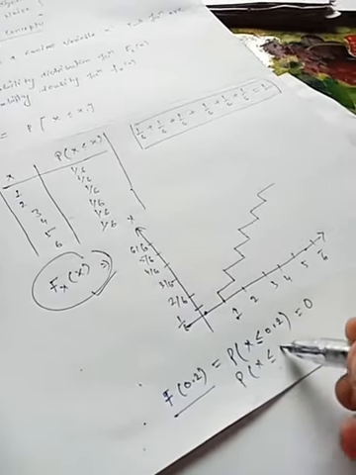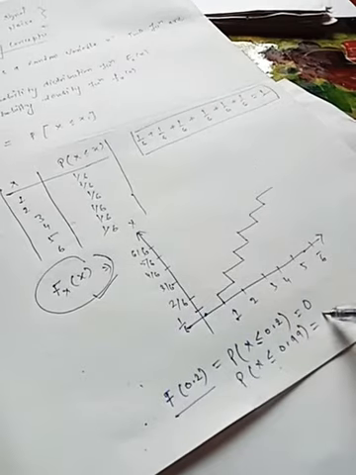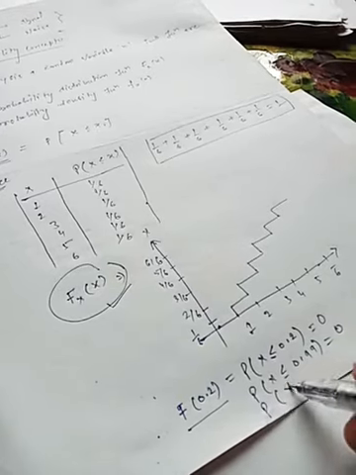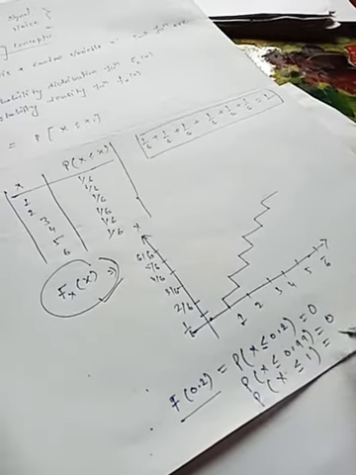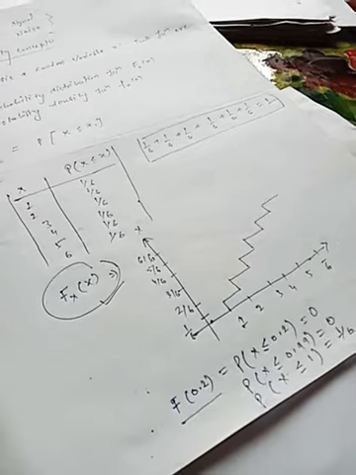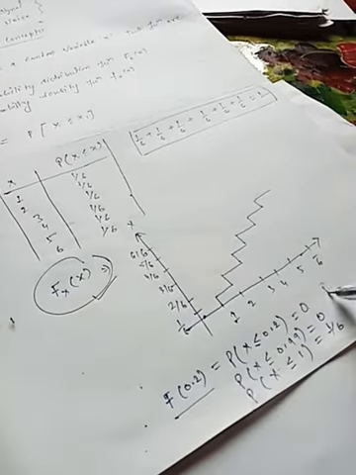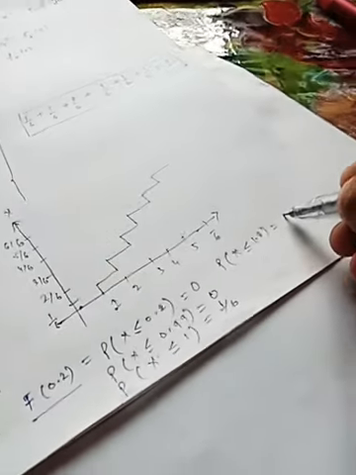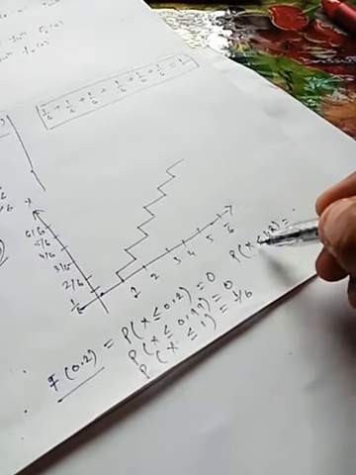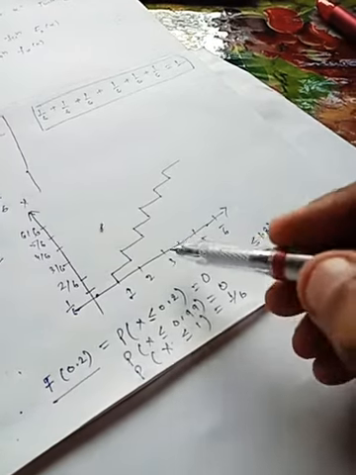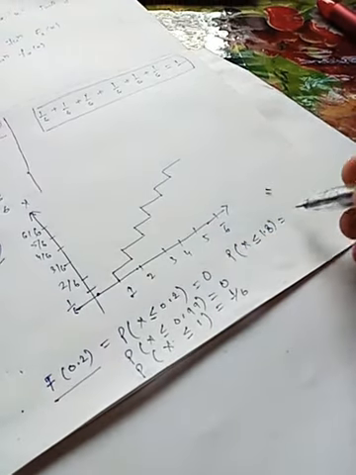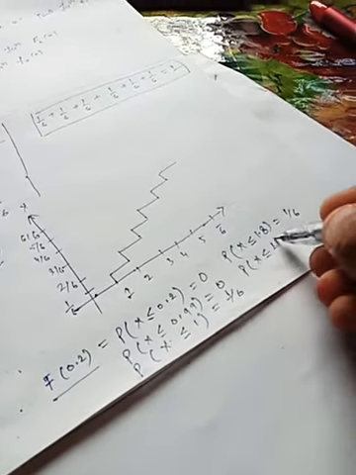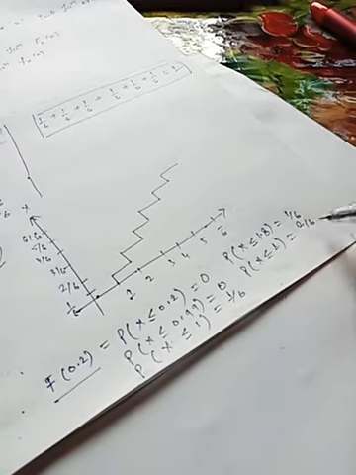And what is the probability of occurring 0.99? Also 0. But probability x is less than or equal to 1 is equal to 1 by 6. Probability x less than or equal to 1.8 is also 1 by 6, but probability of x less than or equal to 2 is equal to 2 by 6.